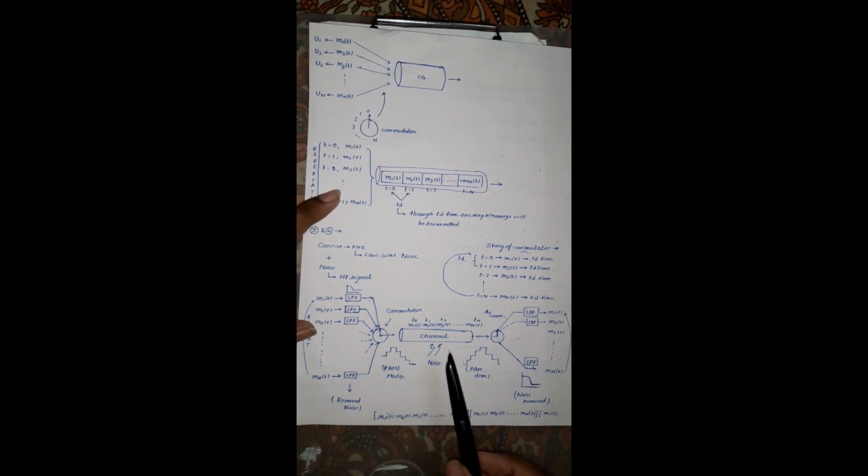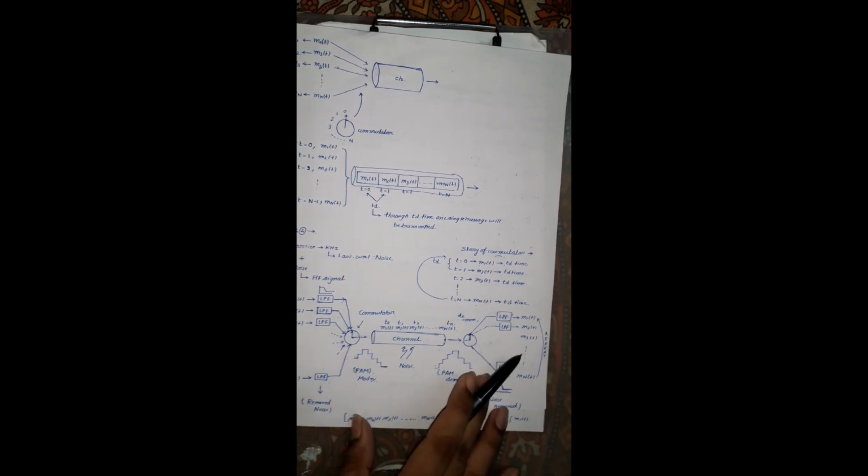Okay, now after receiving the message train from the channel, how will we retrieve each and every message? That is a very simple task. As the transmitter sends the message m1(t) at t equal to 0, if we sample the channel at t equal to 0, we will receive no other messages, only m1(t) is present.